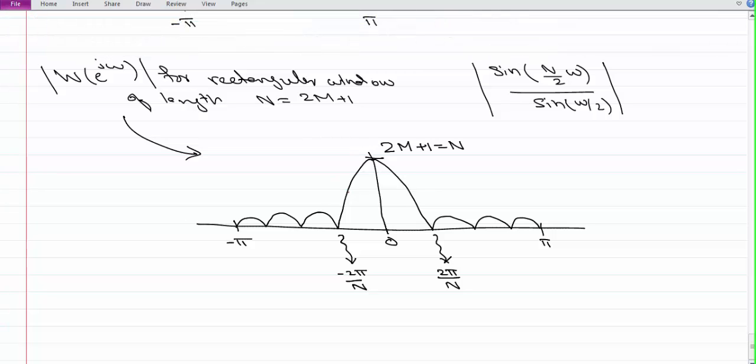So in the language of windowing, this is called the main lobe width, written as Δ_ml, and that is equal to 4π/N.